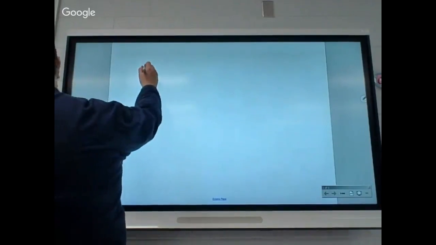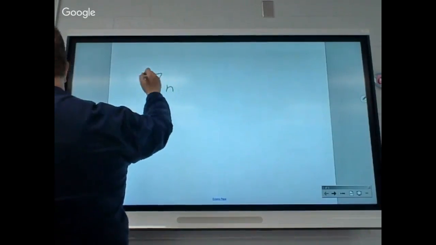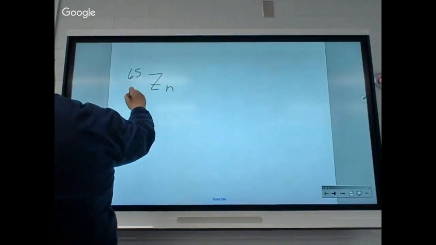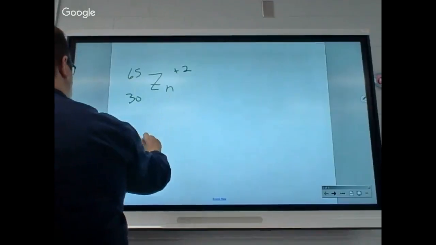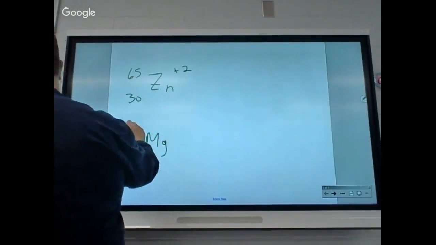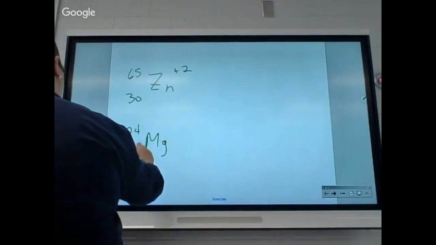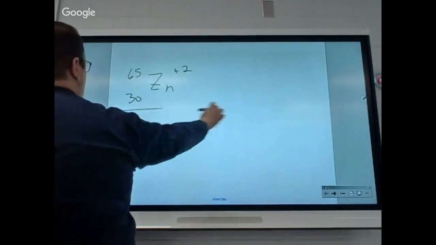All right, so 7 would be Zn. We're going to have a 65 and a 30 and a plus 2. And 9 would have Mg with a 24 and a 12 and a plus 2. Okay?